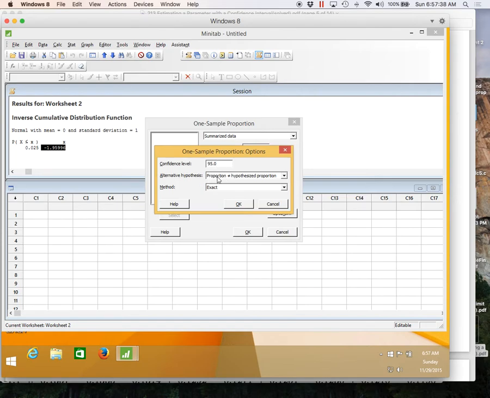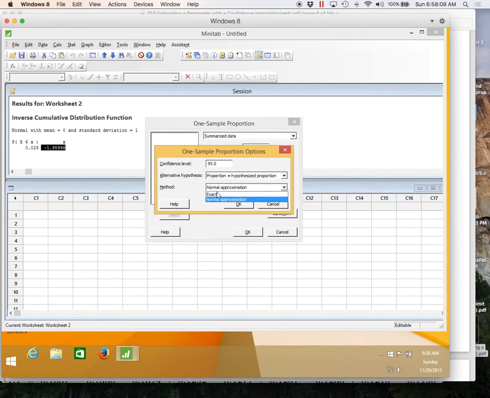Here, what's the alternative hypothesis? We'll talk about this a little bit in the week coming up, but we've got three options: less than, not equal to, or greater than. We want the not equal to sign because for an interval, we need both the less than and the greater than. We need both the lower limit and the upper limit. So we want the not equal to. And here also make sure, especially if you're using Minitab 17, that the method is actually based on a normal approximation.